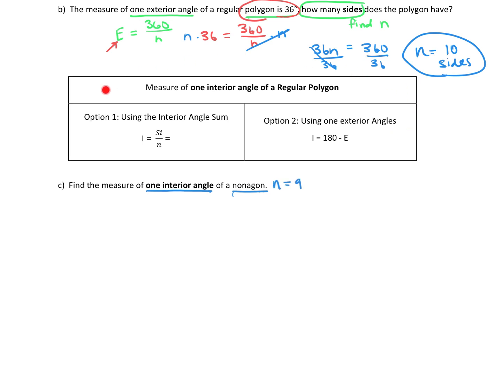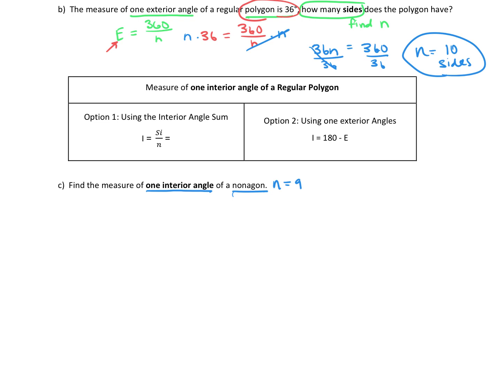Right up here in this box above, we've got 2 options for how to do this. You can find one interior angle by using the interior angle sum, or we can use option 2, where we find it using the one exterior angle. What we're trying to figure out is one interior angle.